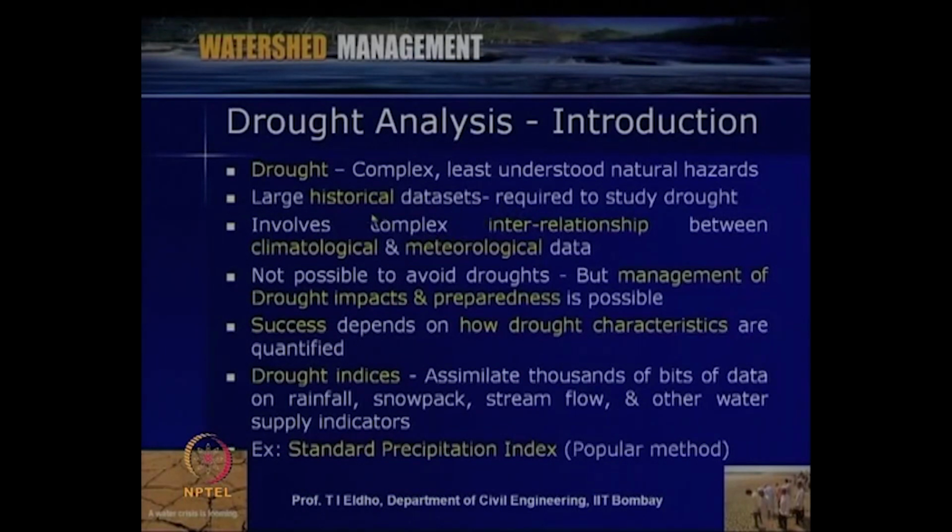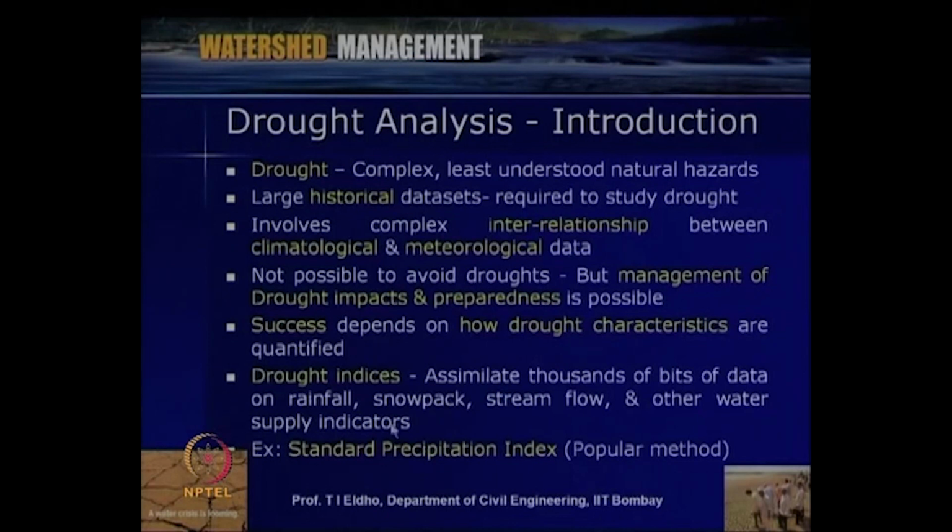We need to analyze large historical data sets, and come up with the interrelationship between the climatological, meteorological data, and the agricultural details. All these things we have to critically analyze, and then come up with certain indices, so called drought indices, that give the details like onset of the drought, the intensity of drought, like that.